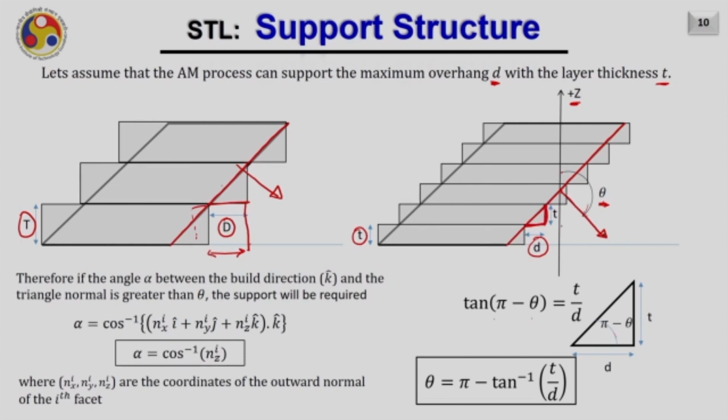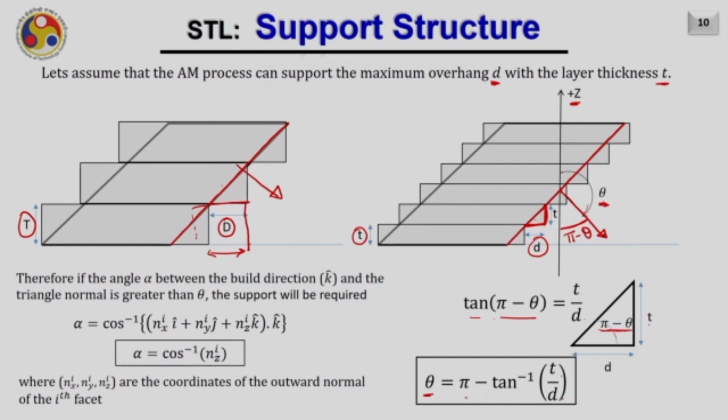Of course, we know that this angle will be nothing but pi minus theta. If this angle is pi minus theta, then of course in this triangle, this angle will be pi minus theta. Now you can use simply this right triangle, tan(pi minus theta) equals T by D. Hence theta equals pi minus tan inverse T by D.